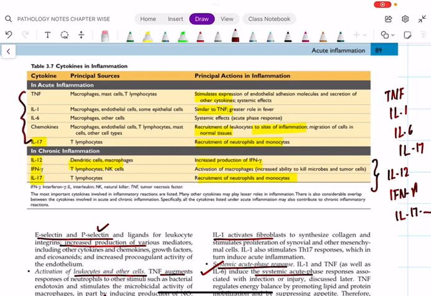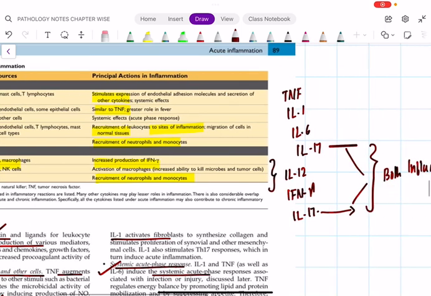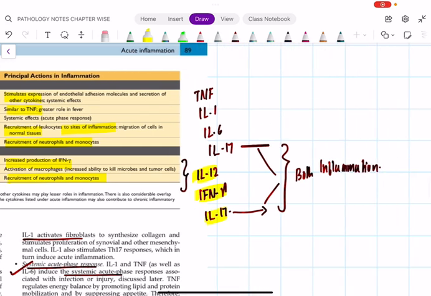In chronic inflammation, we have interleukin 12, interleukin 17 and interferon gamma. Okay, yes, all these are mainly involved in acute and chronic inflammation. Here comes the question: which of the following interleukins takes part in both acute and chronic inflammation? Answer is interleukin 17.